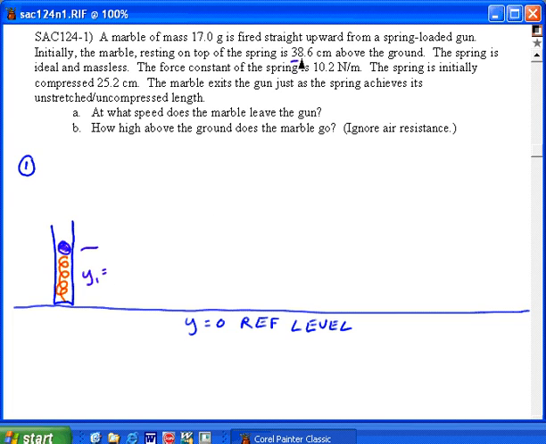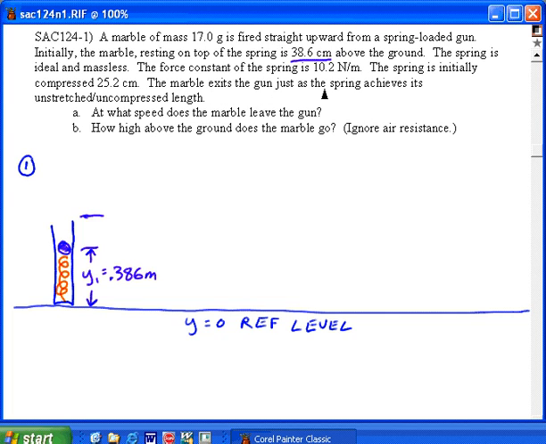That's given as 38.6 centimeters or 0.386 meters. And then, as the ball leaves the gun, the spring is at its unstretched, uncompressed length.